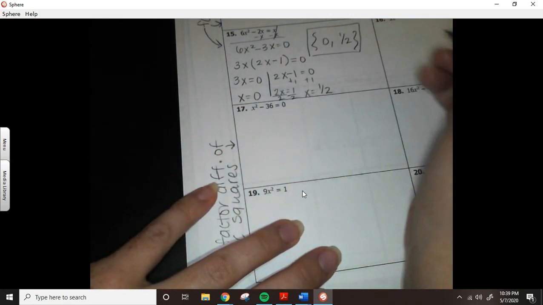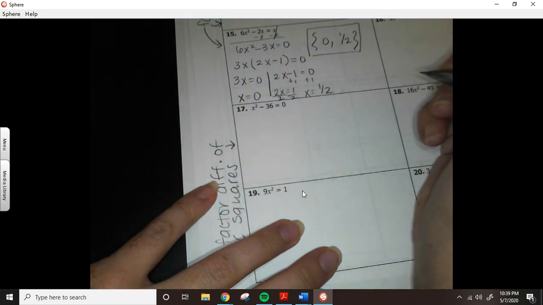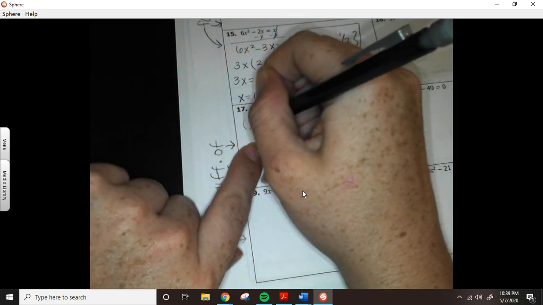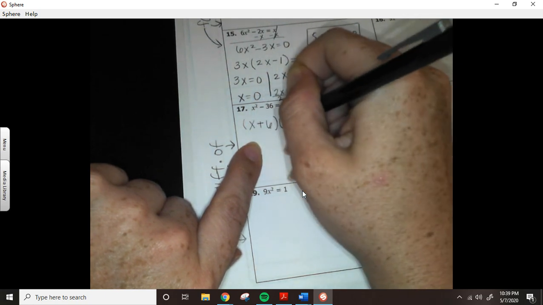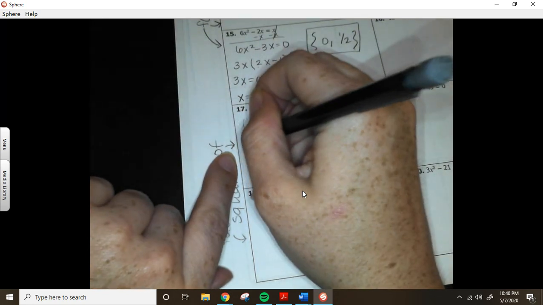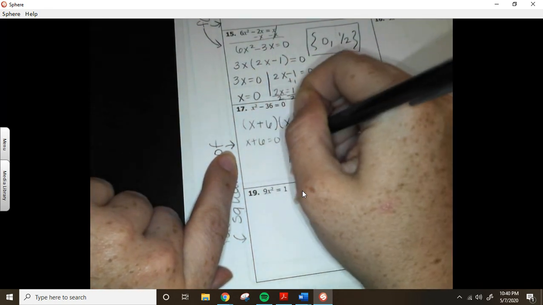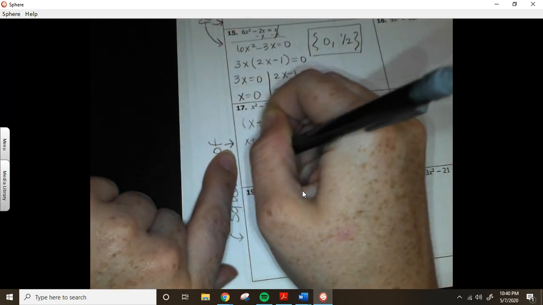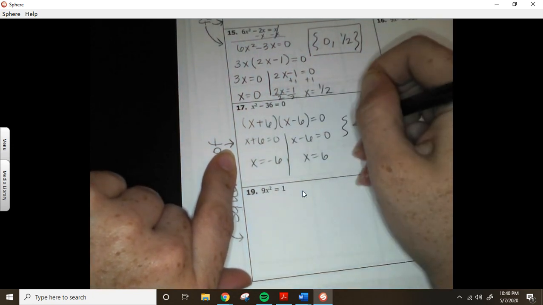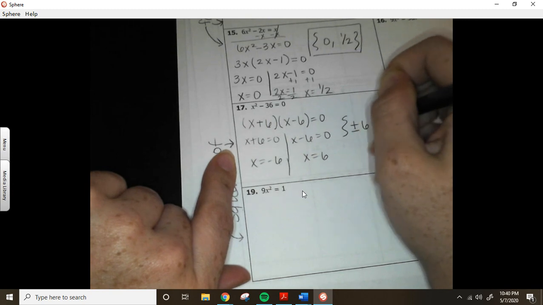And how do you factor a difference of squares? Remember, it's a plus b times a minus b. Take the square root of x squared, which is x, square root of 36, which is 6. So x plus 6 times x minus 6. And then you set them both equal to 0. So your answers are basically positive and negative 6.